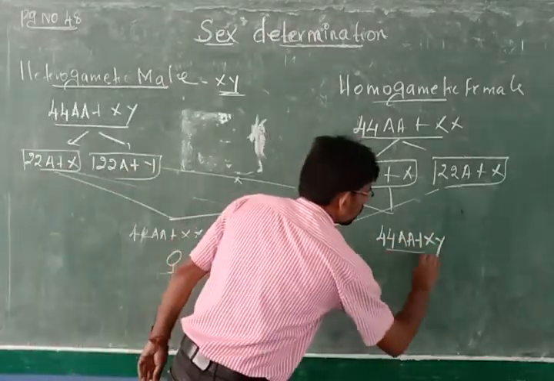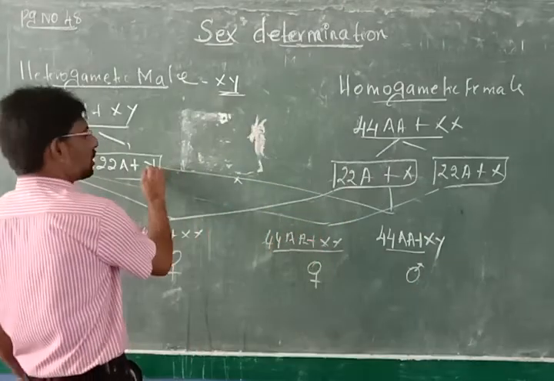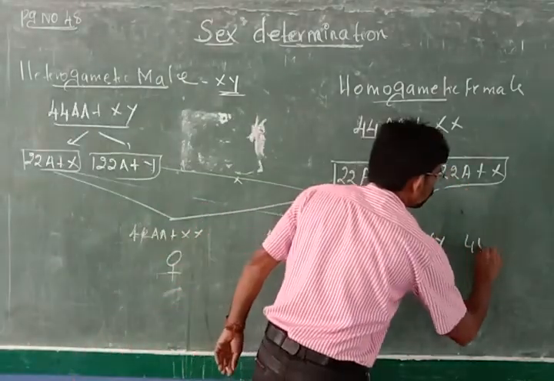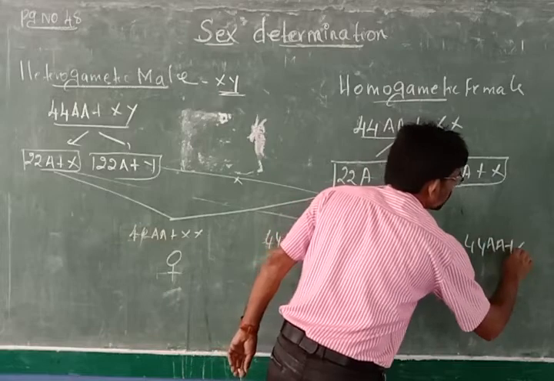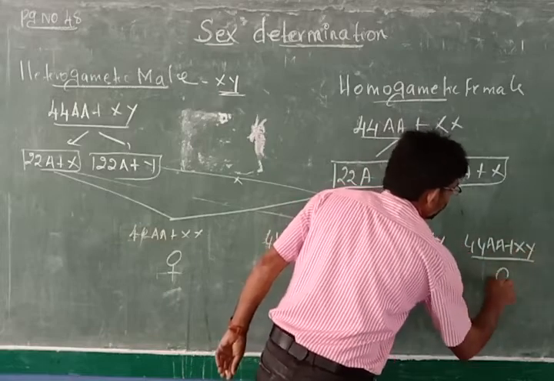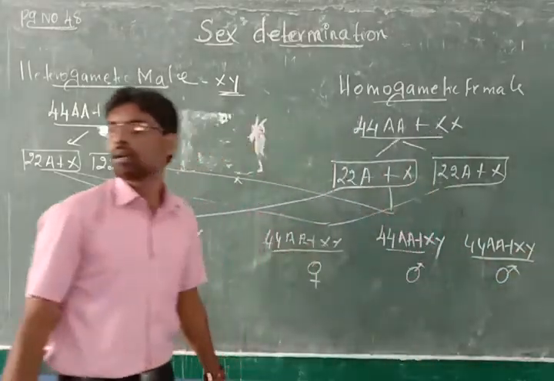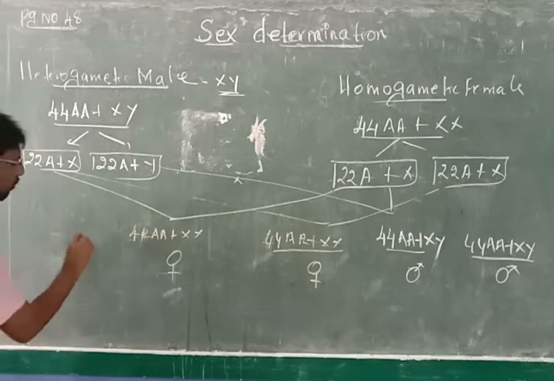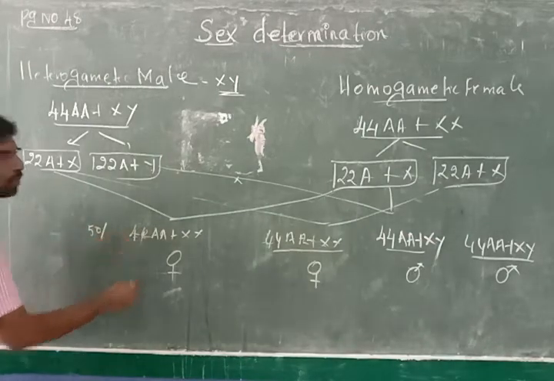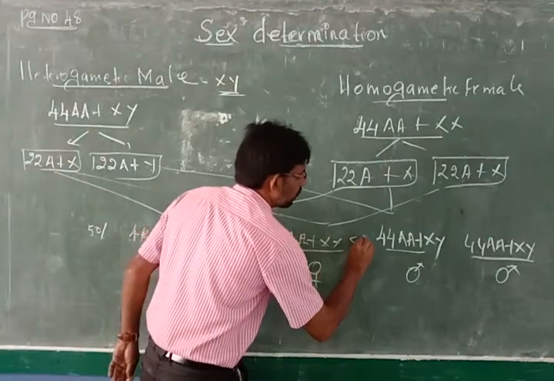And when you combine this with that, again it gives 44A plus X and Y, so that is also male. So in the sense, you will have 50% female and 50% male.